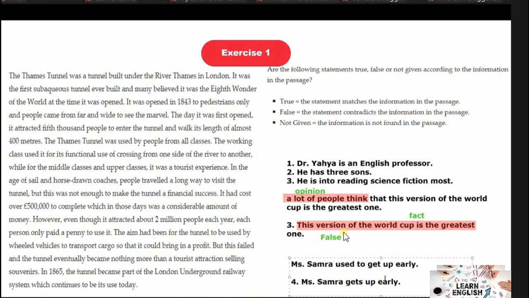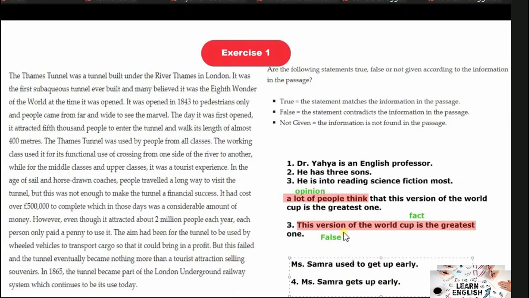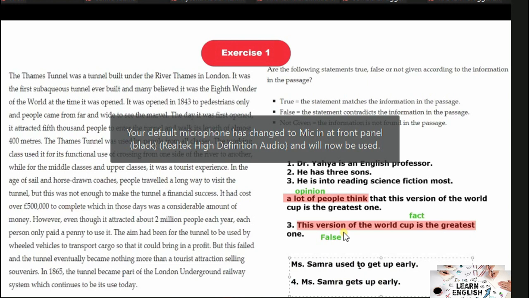Why do you say false? Actually, it's false. You know why? Because when I say used to, that means I'm talking about a habit that was in the past and no longer exists. That means Miss Summer quit this habit. She stopped this habit. She used to get up early because she had a job. She quit her job. So there's no need for her to get up early.